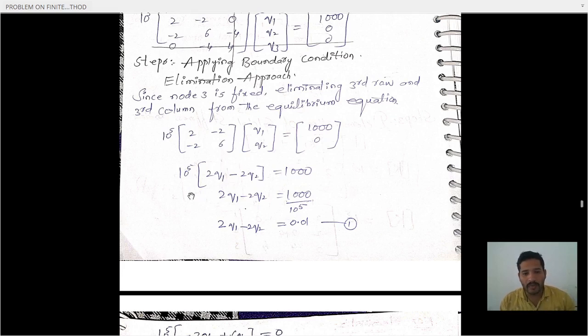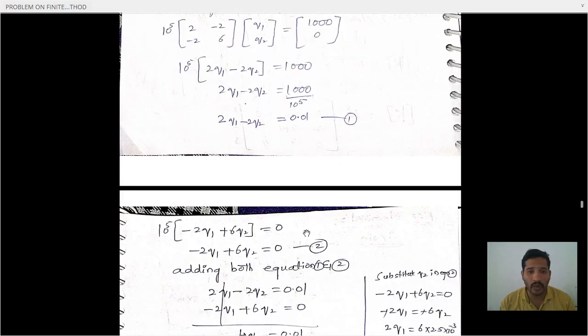Again the same concept we need to follow for the second element. First I am going for the first element only. Let us see 2Q1 minus 2Q2. If you divide this value, you will get 0.01. So it is considered as equation number 1. Again we follow the same concept, 10 power 5 as it is.